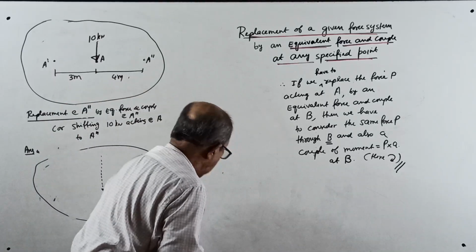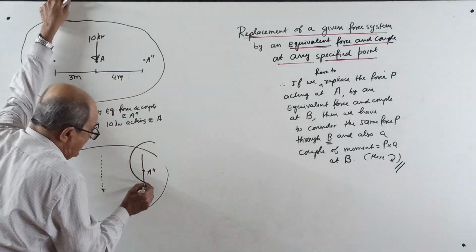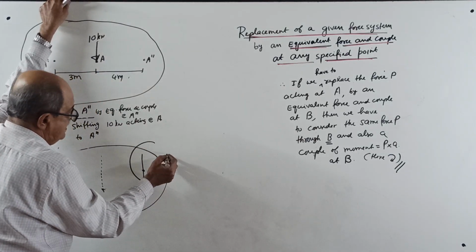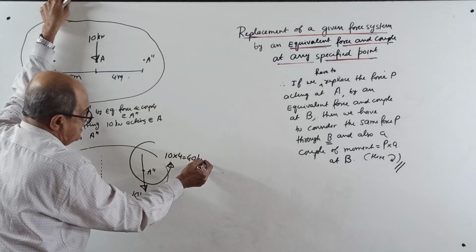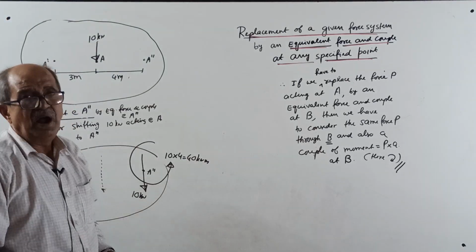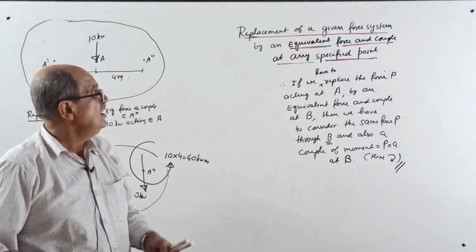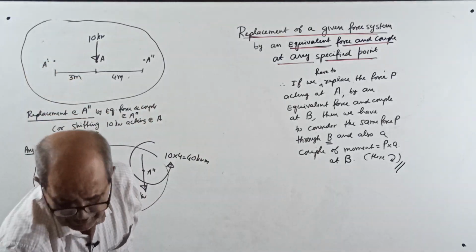It is so simple. Along with an anti-clockwise couple of 10 into 4 equal to 40 kN meter is the effect at A double dash. That's what you have to do for shifting a force acting at any point to any other point.